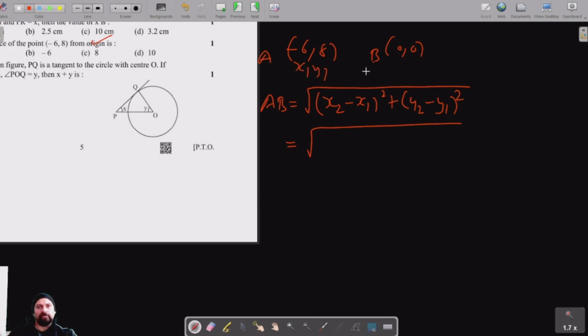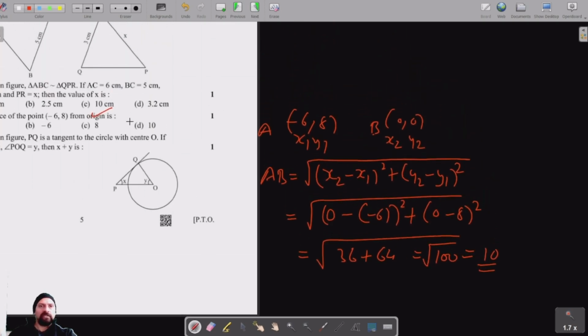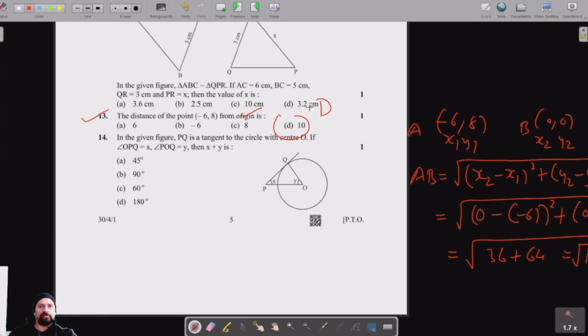So this is x1, y1 and this is x2, y2. So 0 minus of -6 the whole square plus 0 minus 8 the whole square, which is 6 square, 36, plus 8 square, 64, which is root of 100, and that is equal to 10. This is option D.